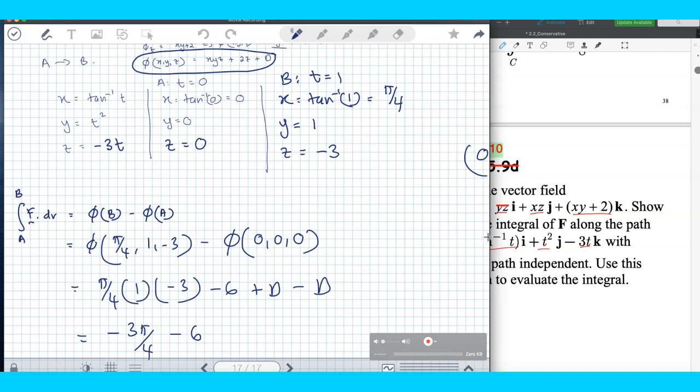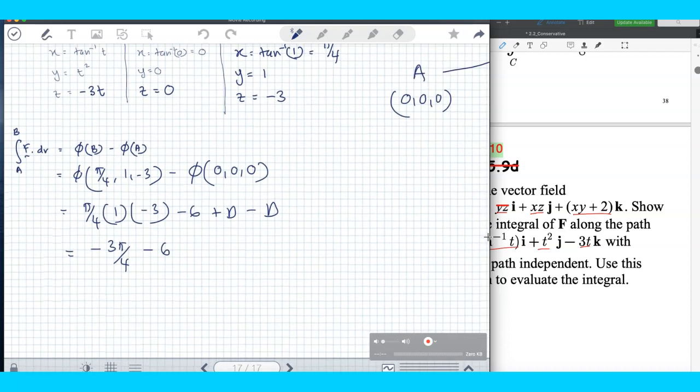The value at A is all 0 except d, so minus d, and this is the answer.